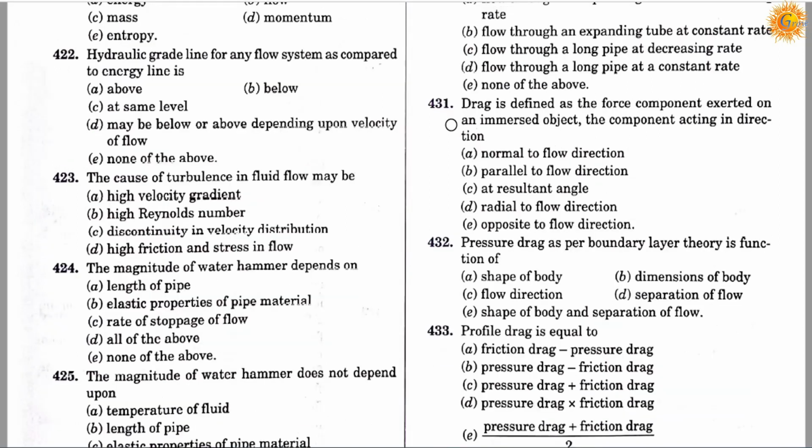Question number 431. Drag is defined as the force component exerted on an immersed object, the component acting in direction: option A, normal to flow direction; option B, parallel to flow direction; option C, at resultant angle; option D, radial to flow direction; and option E, opposite to flow direction.